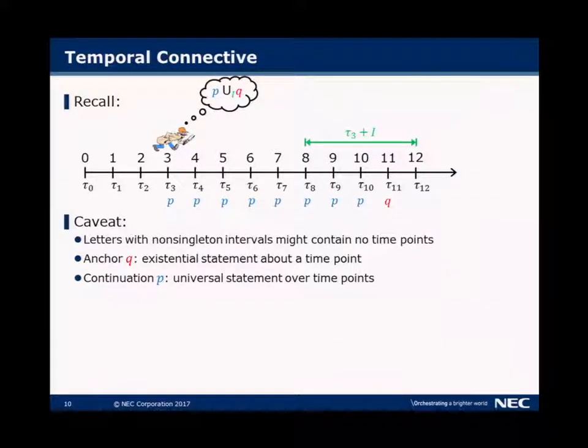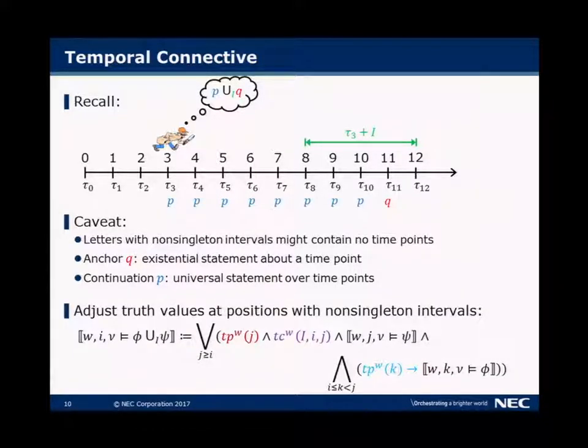If you want to extend this now to observations, we need to be a bit careful, because the anchor, the Q, makes an existential statement of the existence of a time point. And the continuation P is a universal statement over time points. If we have gaps, we do not know whether there will eventually be time points or not in this gap. And so we have to adjust the standard definition a bit here.